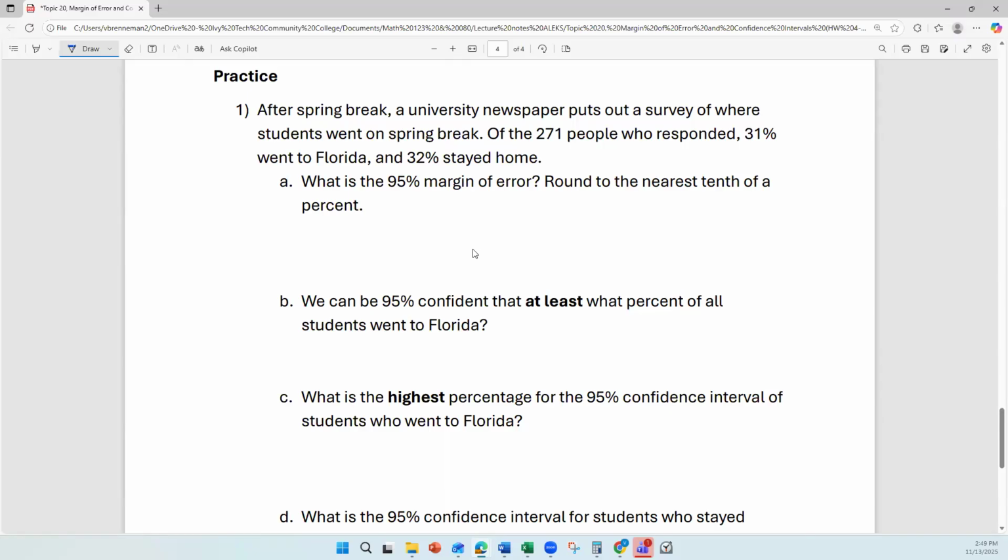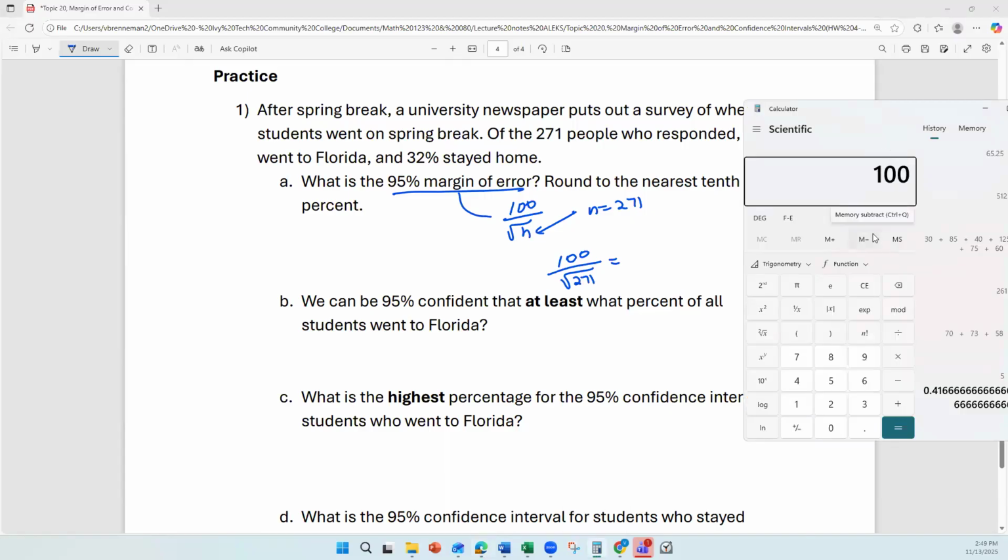So margin of error, when I see this, I need to know to use the 100 divided by square root of n. And in this case n is the 271 people that responded. So I'm doing 100 divided by square root of 271. Make sure that you can do that on your calculator. So 100, on this calculator, I have to put the 271 and then the square root.